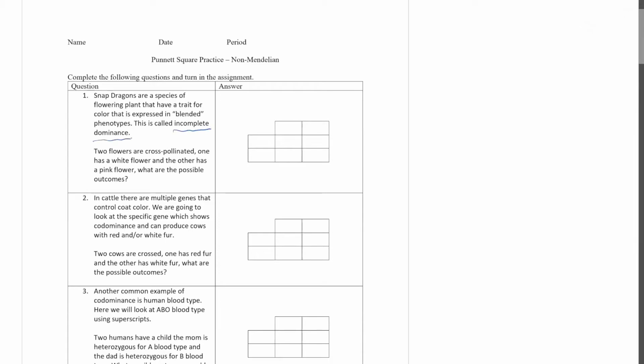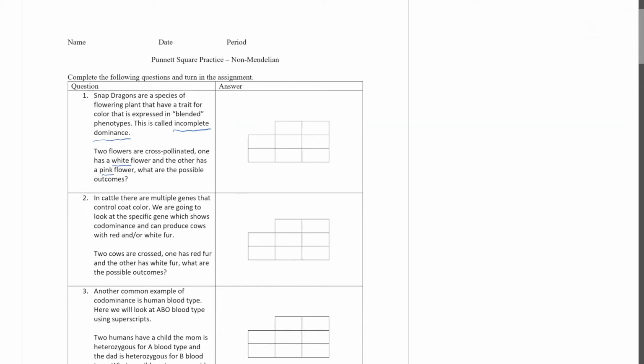So for incomplete dominance in this case, we're going to cross two flowers and see what the probability is that we could get a variety of flowers. We're going to start off by cross-pollinating a white flower and a pink flower.